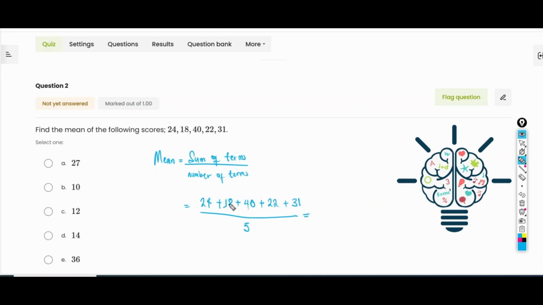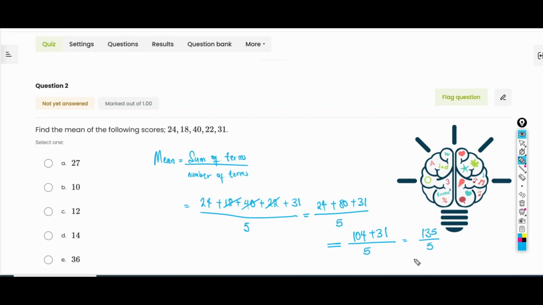So if I add them up, 18 plus 22 gives me 40, plus 40, that's 80. So let me write this as 24 plus 80 plus 31. 80 plus 24 is 104. 104 plus 31 is 135, divided by 5.